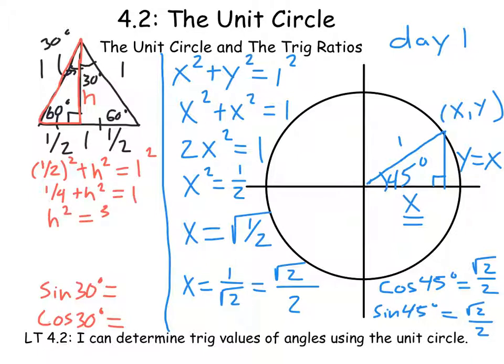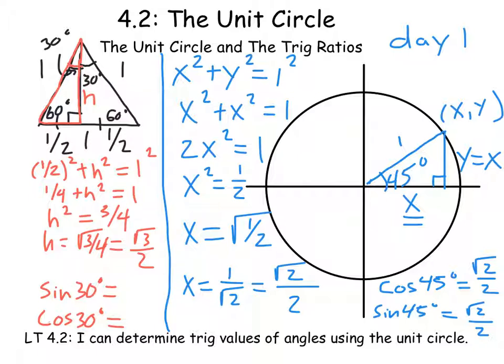By subtracting a 1/4, I would get that h squared is 3/4. From taking the square root, I would get that it's the square root of 3/4, which would simplify to the square root of 3 over 2.